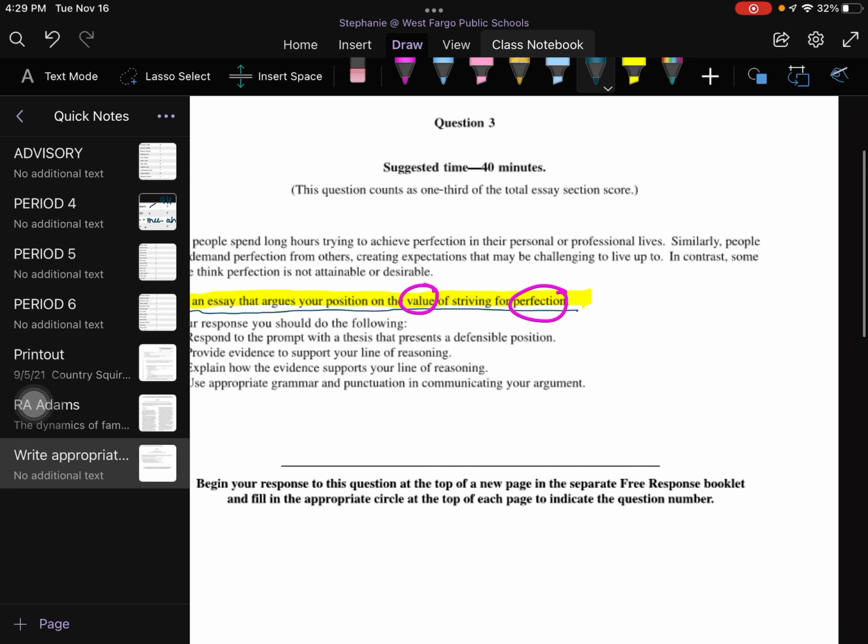So for this one, the question would be, what, if any, value exists in striving for, actually no, I'm going to start over. I think a better way to phrase this question is to say, is there value in striving for perfection?